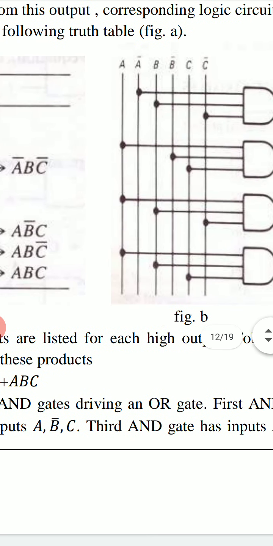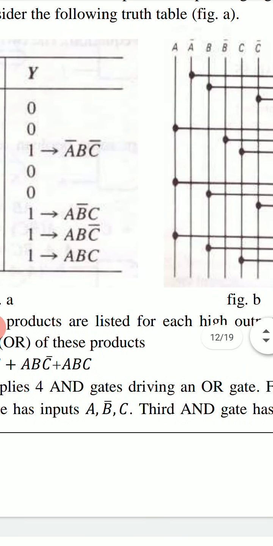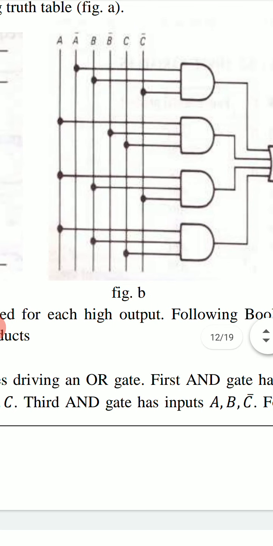We draw 6 lines, 3 for 3 inputs A, B and C, and 3 for their complements A bar, B bar and C bar. Because there are 4 outputs that are high, and we write 4 fundamental products for those, we will use 4 AND gates.